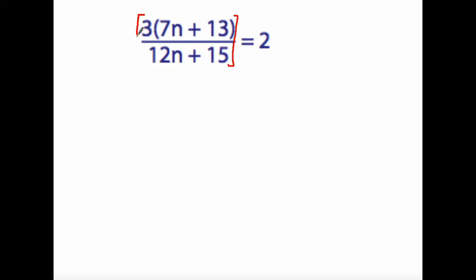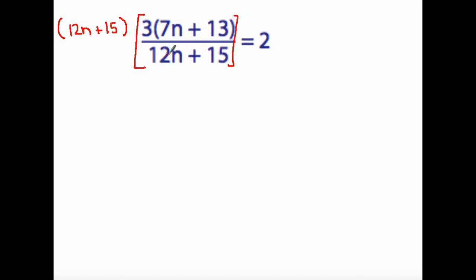So this thing right now is in a bracket. I have a numerator, I have a denominator. In order to get rid of this denominator over here, I need to multiply it by the same thing. So what I'm going to do is multiply this by 12n plus 15.